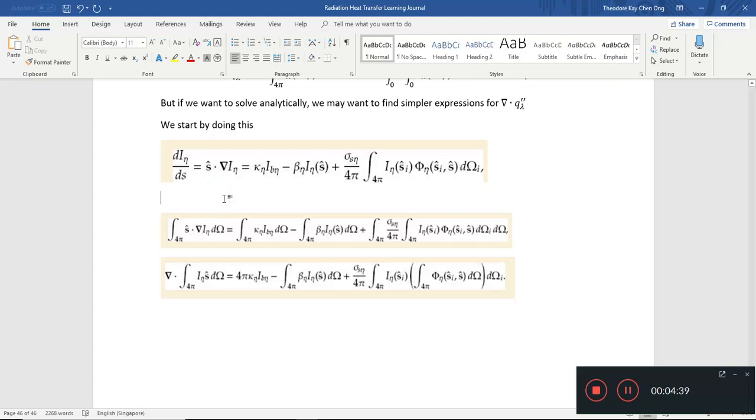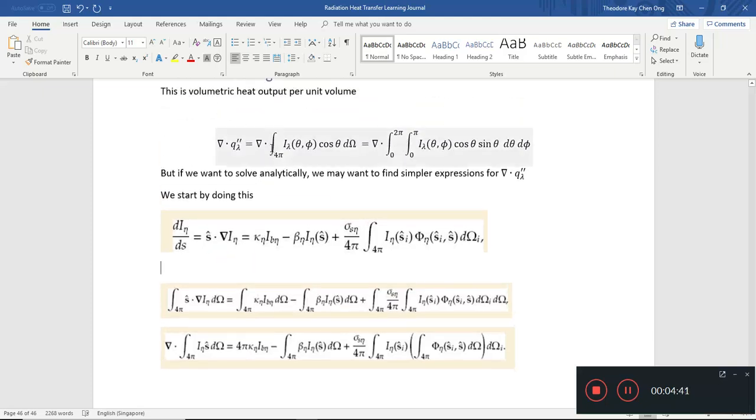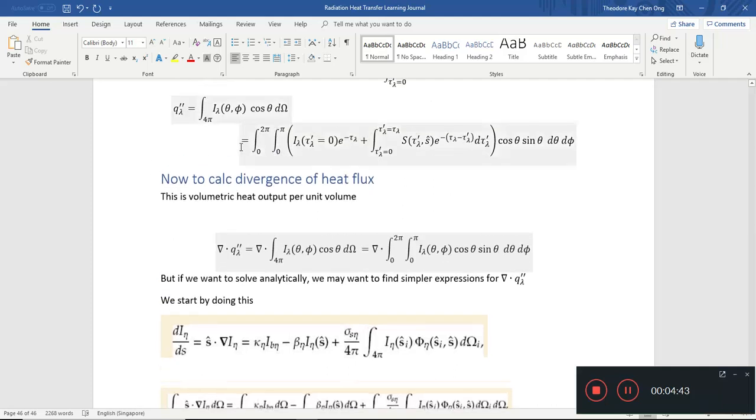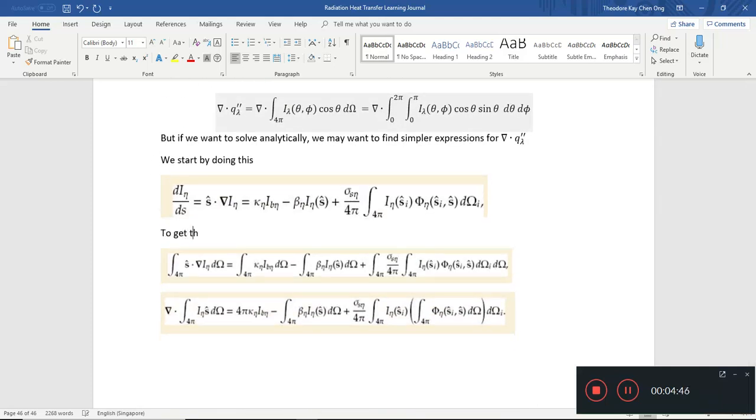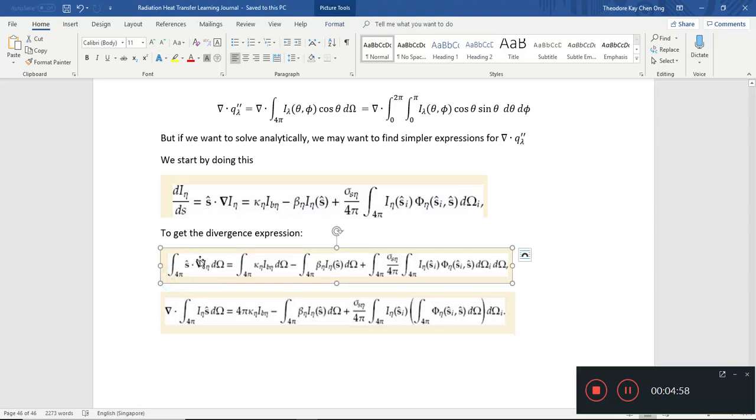Okay, so to get the divergence expression, what is basically done is to integrate over 4 pi. So just notice the left hand side, ignore the right hand side.